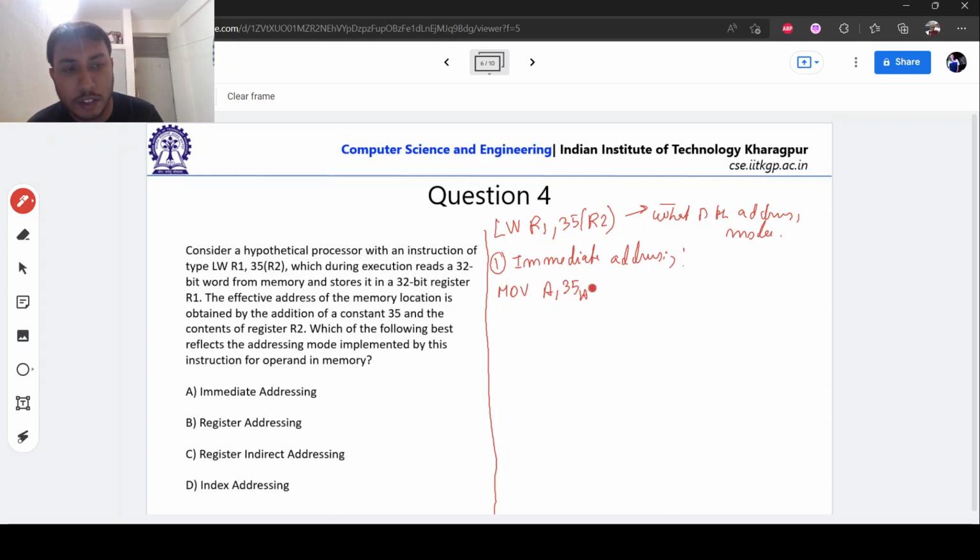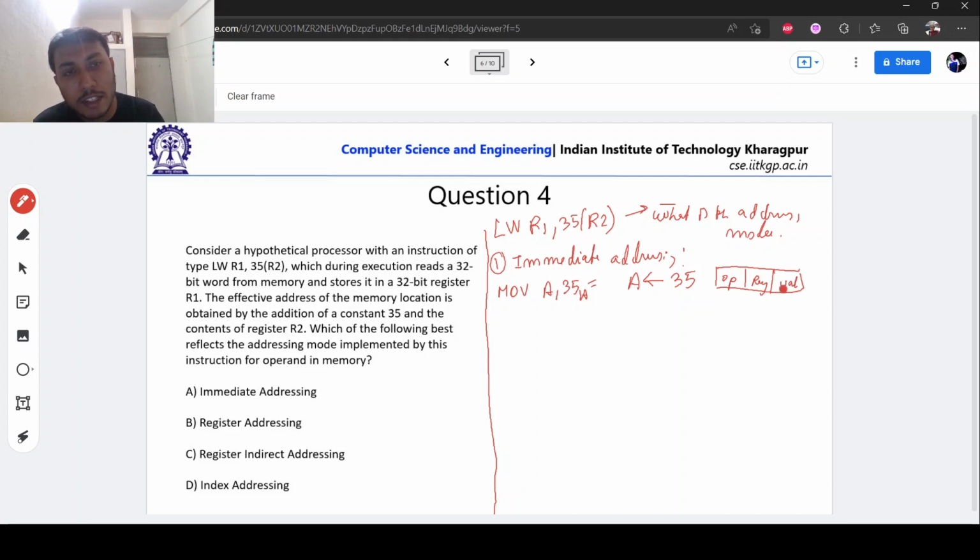What does this instruction do? It basically transfers the value 35 to the register A. If we look at how the instruction will look, it will have the opcode, the register, and this value 35. Here the value that has to be stored in the register is present in the instruction itself.